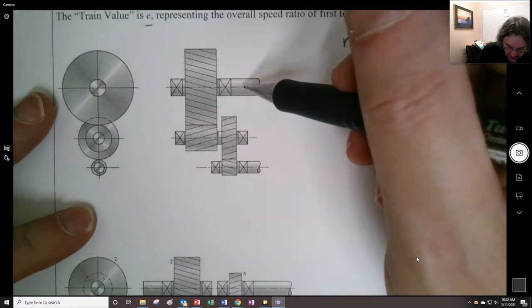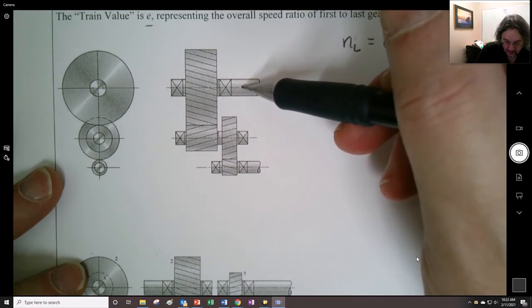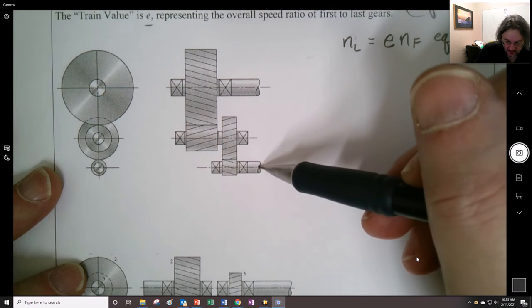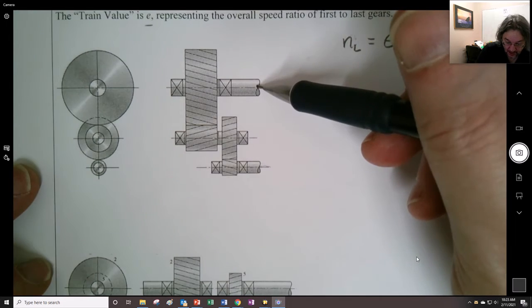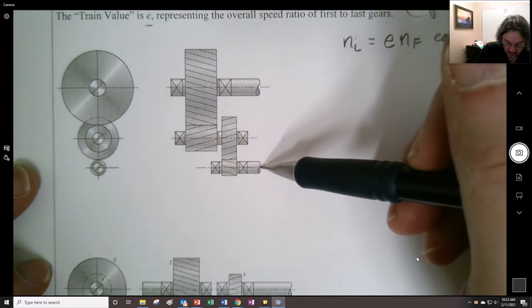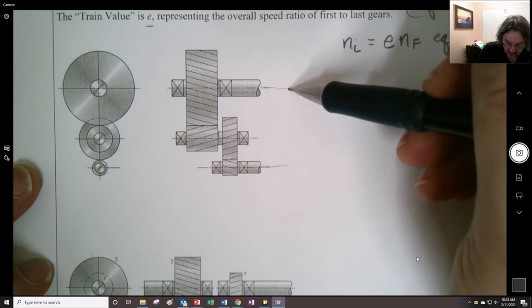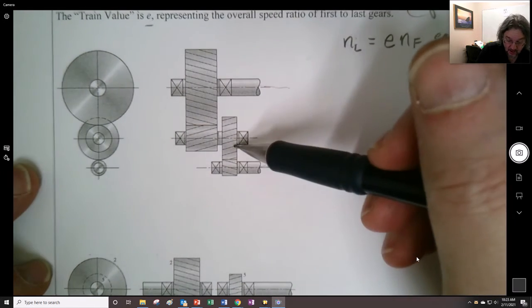We could say that in a particular arrangement, let's say this is the input shaft. Well, maybe we want it to be on the same side as the output shaft. And perhaps they need to be this distance apart, right? So we would purposely pick the number of gear teeth.